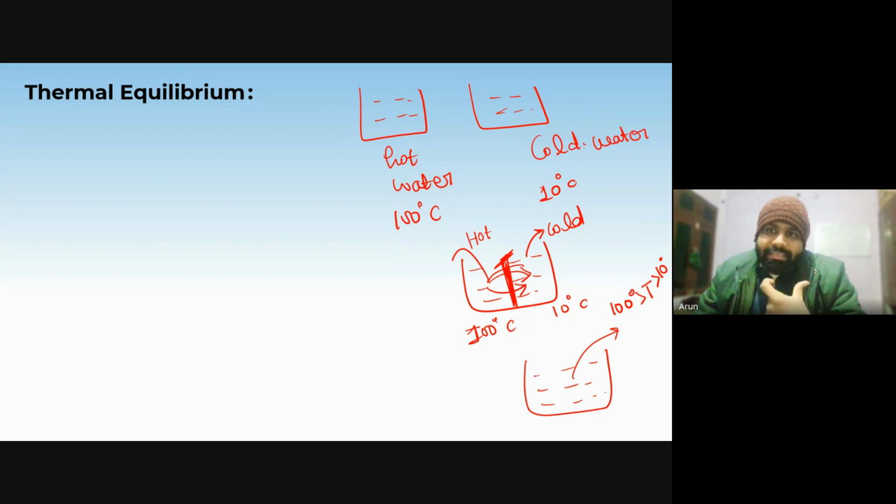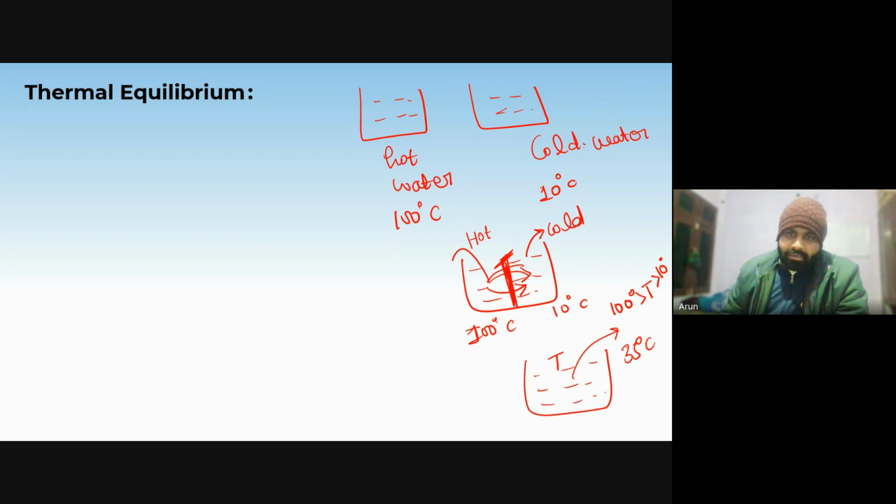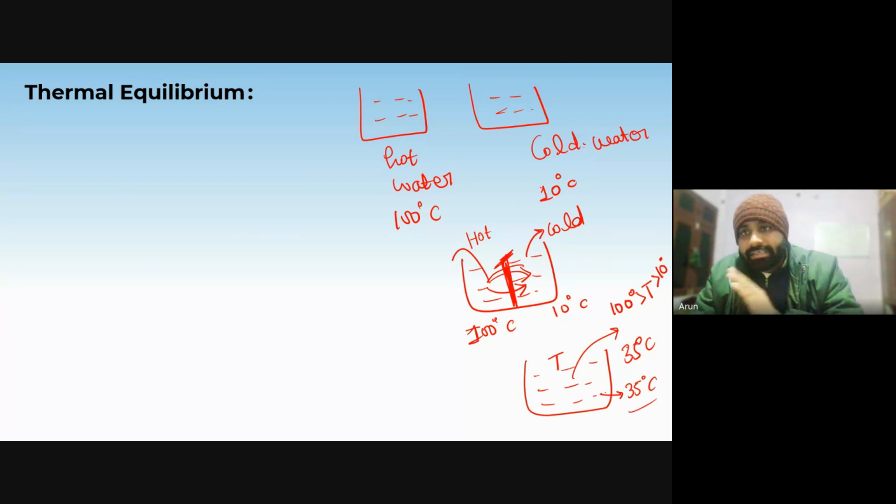There is an exchange of heat for some time from higher temperature to lower temperature. But after some time, if you measure the temperature, it will be, let's say, 35 degrees Celsius. Just for example, after 1 minute you measure it, it will be 35 degrees Celsius, which means now there is no heat transfer taking place.